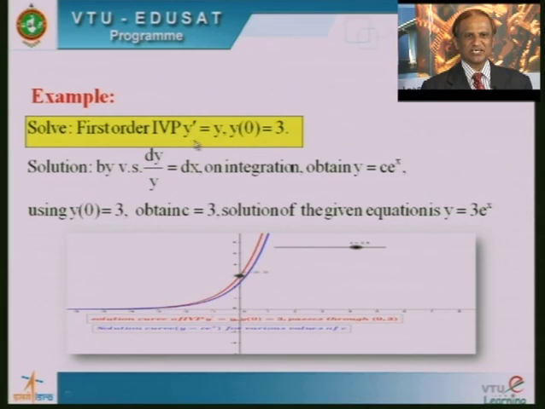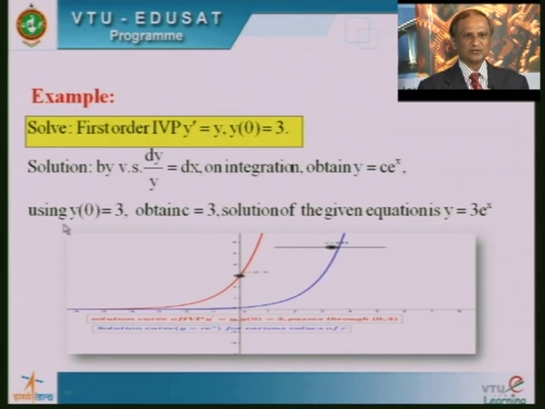So, this equation can be written as dy by dx is equal to y, or it can be written as dy by y is equal to dx. It means the variables are separable, and we can integrate directly. On integration we obtain y is equal to some constant c times e to the power x, which is the solution of the equation.